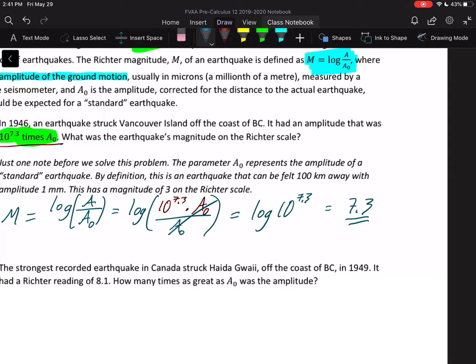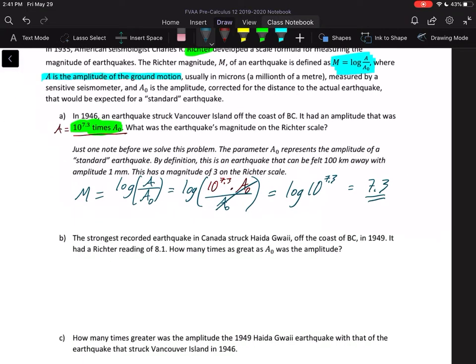A magnitude 8 would be 10,000 times as powerful as one with a magnitude of 4. So it's a kind of deceiving scale, but it's not practical to have a linear scale for these types of measurements. The Richter scale is still very useful.